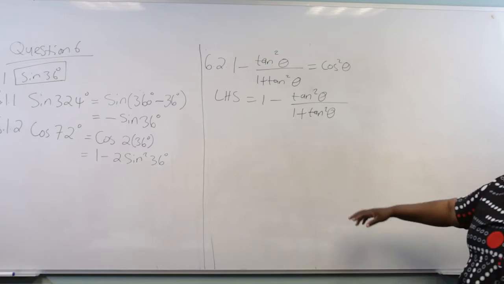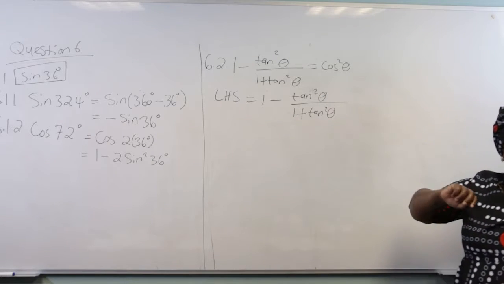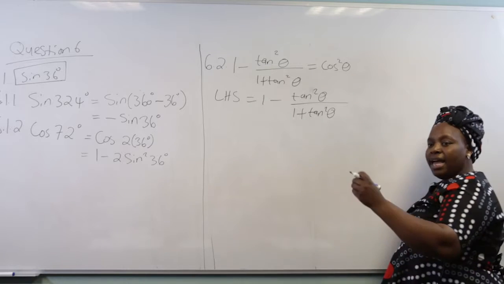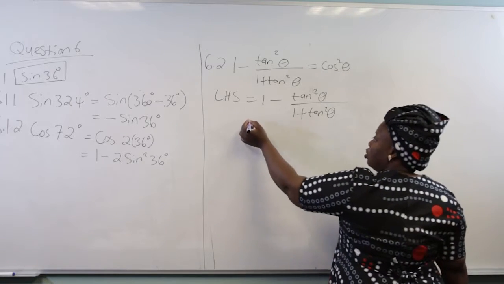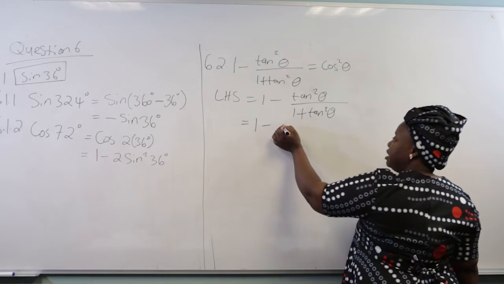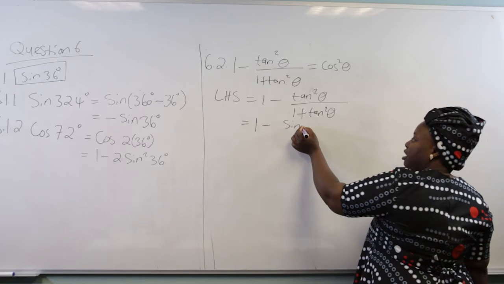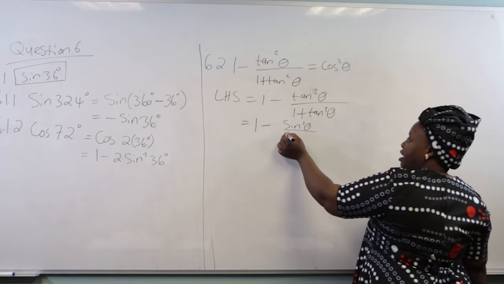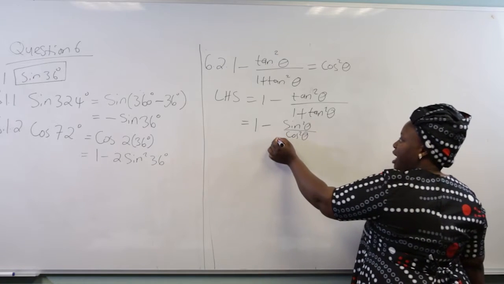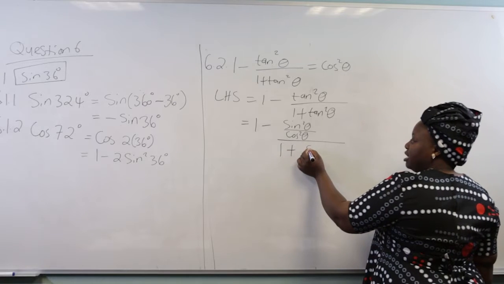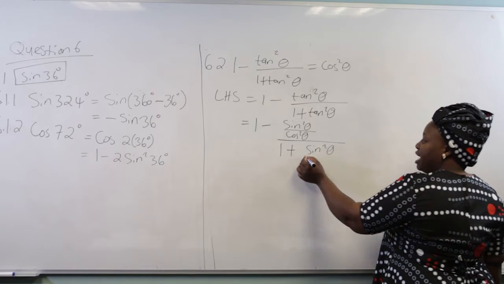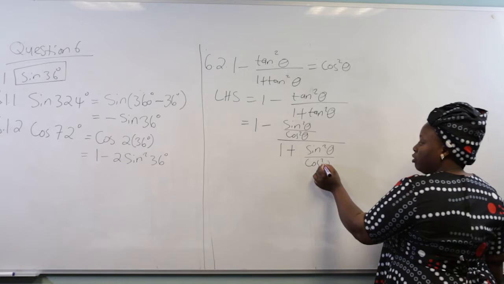Before we do anything, I said if you see tan, you change it to sine and cos. Remember, the identity for tan is sine divided by cos. So we can say this is 1 minus sine squared of theta divided by cos squared of theta, divided by 1 plus sine squared of theta divided by cos squared of theta.